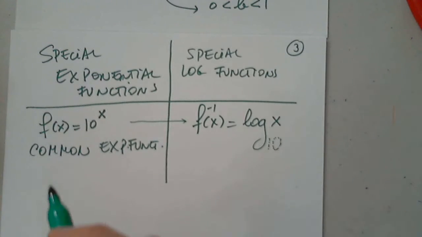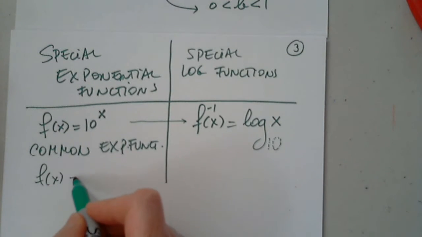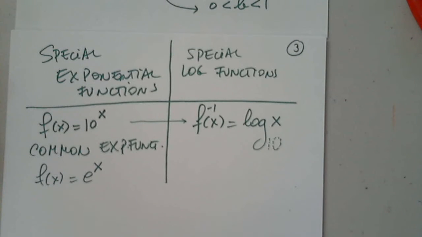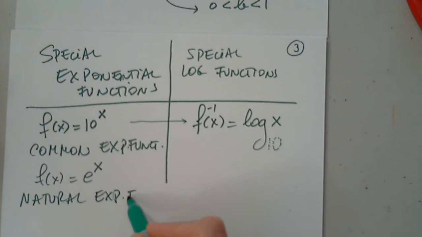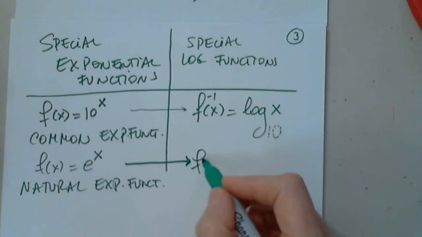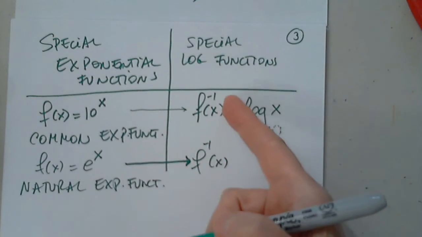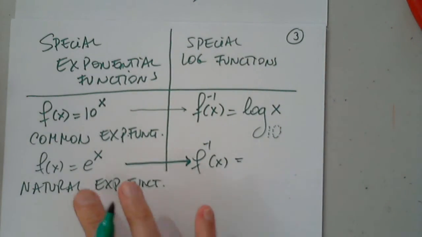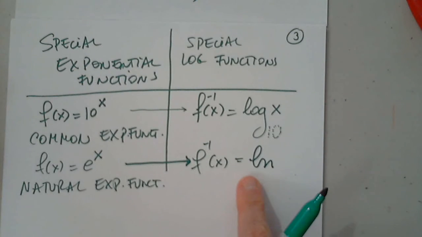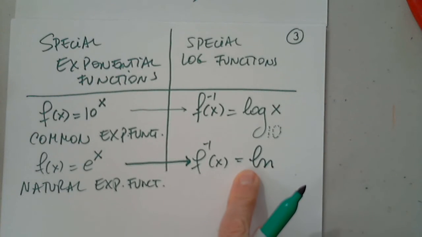Good. The next one is f of x equals e to the x. It's natural exponential function. And naturally, it has its correspondent, f inverse. Remember, this notation is not 1 over f, but it's f inverse, is ln, natural log of x.